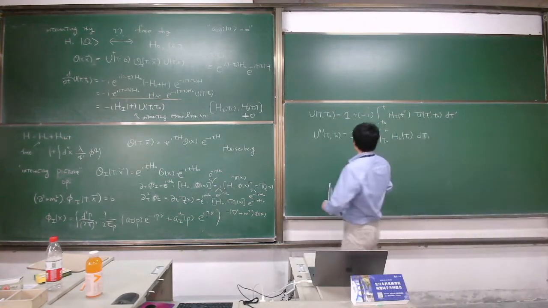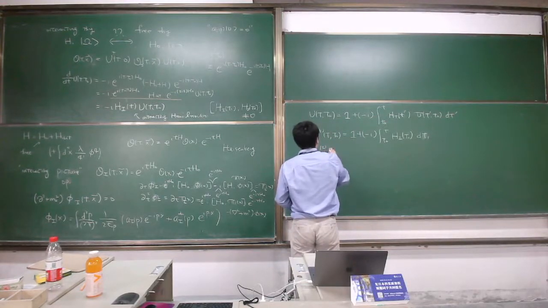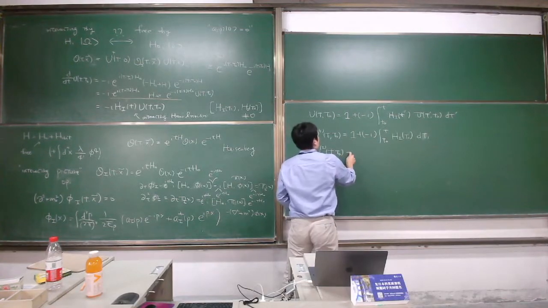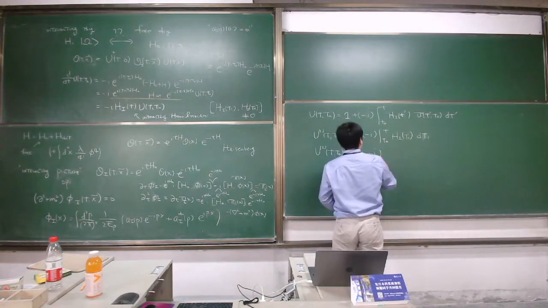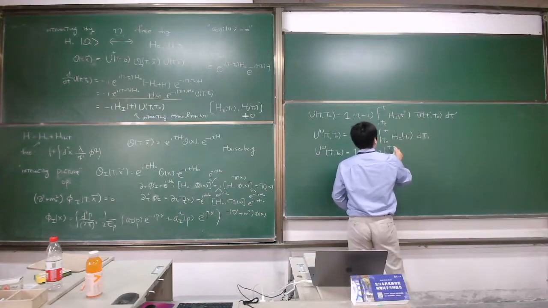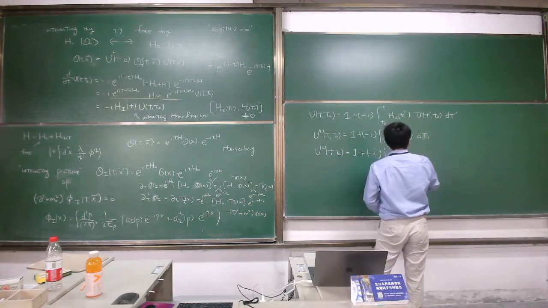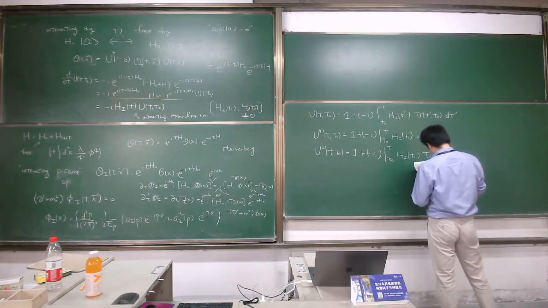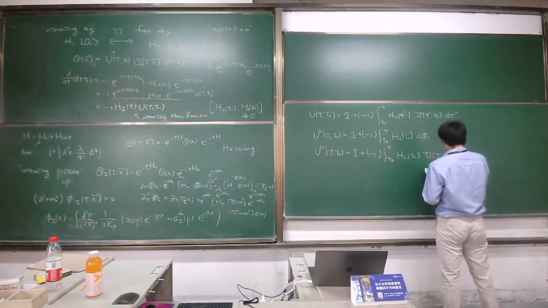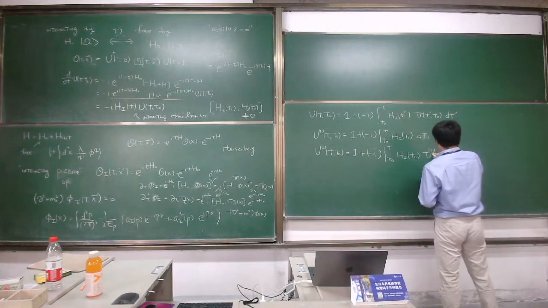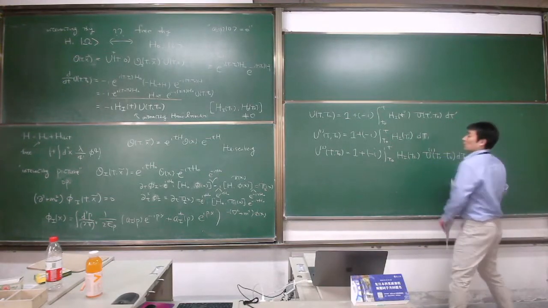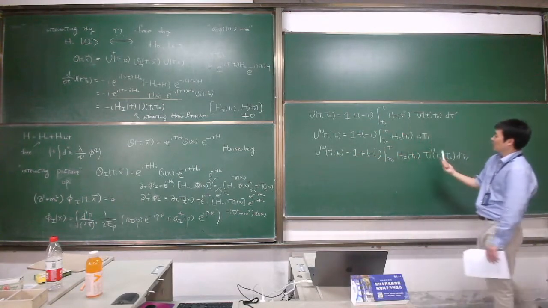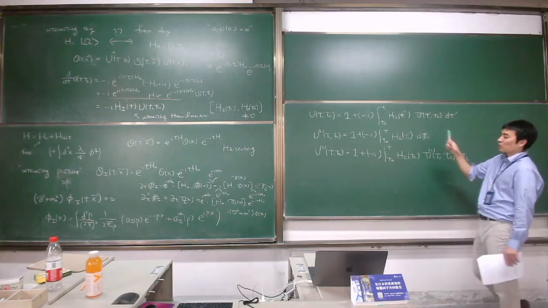And if you move the clock a little bit more, then you have to add H_I(t2) and U(t2, t naught) and so on. So you just plug this operator into here, and you do that recursively.